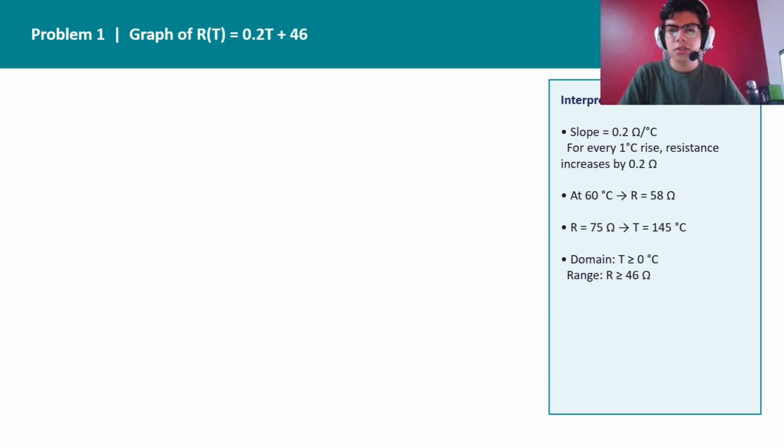At 16 Celsius, R equals 58 ohms; at R equals 75 ohms, T equals 145. We are seeing the conversions, like if we have Celsius, we have these ohms. For the domain, T is greater than or equal to 0, and range is R greater than or equal to 46 ohms.